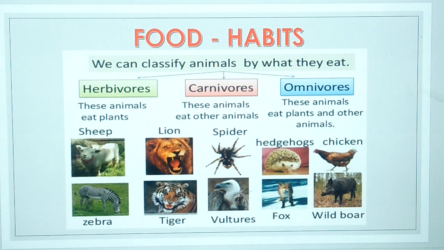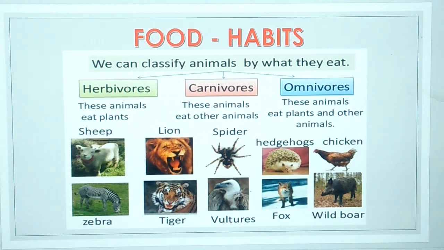Some animals eat other animals or their flesh, so we call them carnivores. And some animals eat both plants and animals. They are called omnivores. So on the basis of food habits, we can classify animals into herbivores, carnivores, and omnivores.